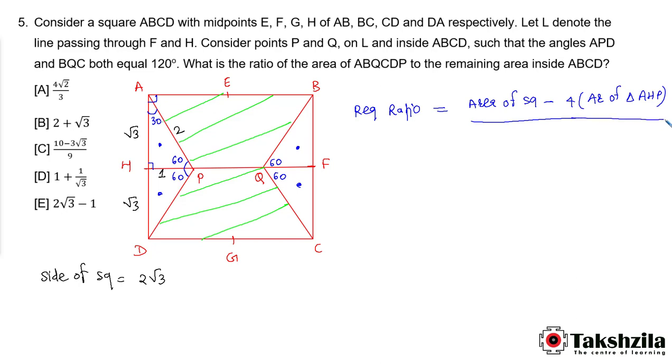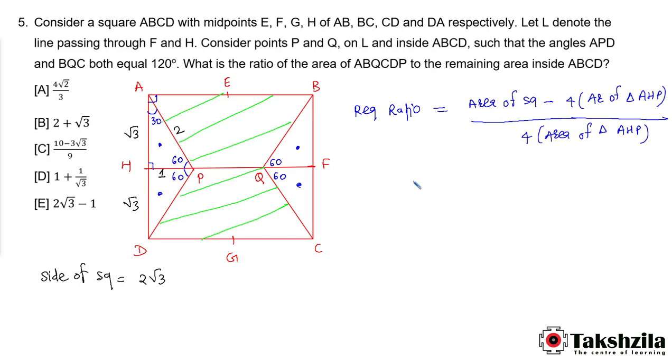This subtraction will represent the area of green region divided by the remaining area inside quadrilateral ABCD, means the remaining area is 4 times area of triangle AHP. This is the remaining area inside square ABCD.